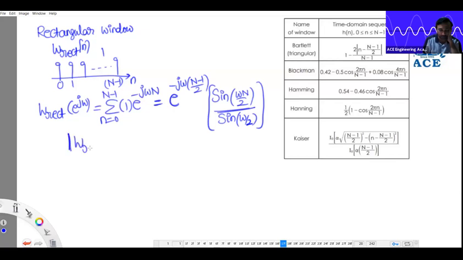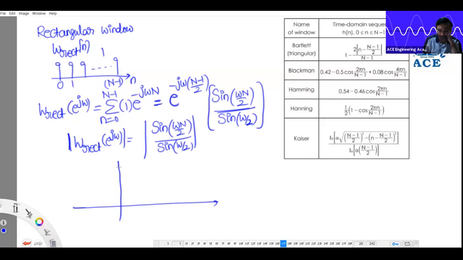Listen, if I try to draw the magnitude spectrum of this window, it is going to appear roughly like this. It has a narrow main lobe width, but the side lobe energy is not negligible.